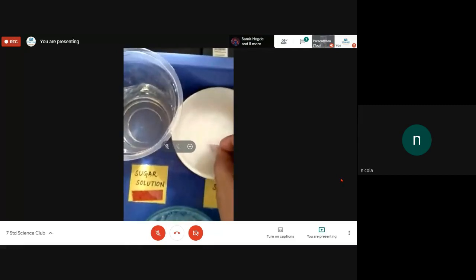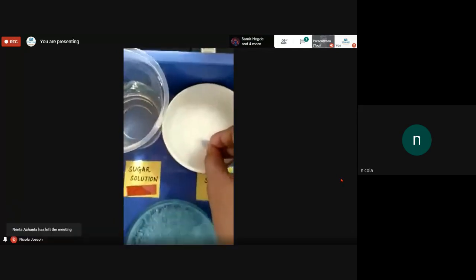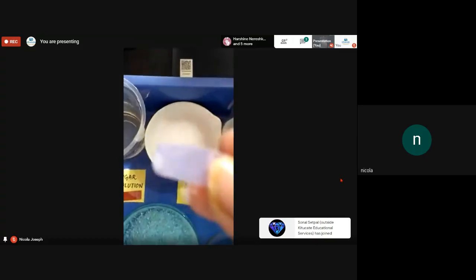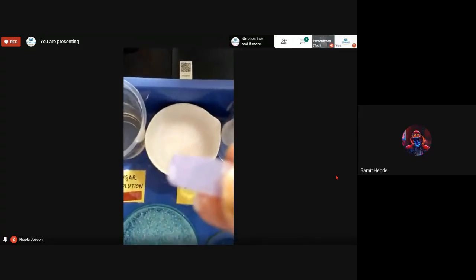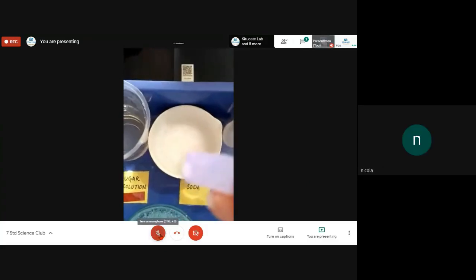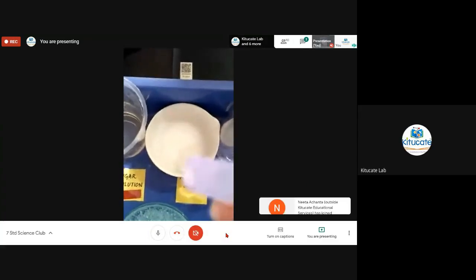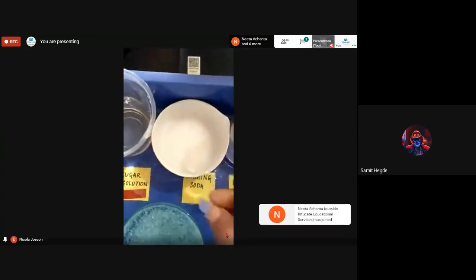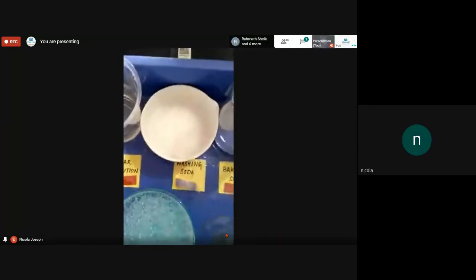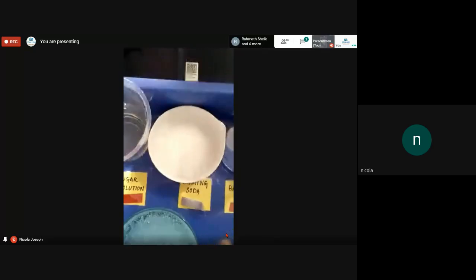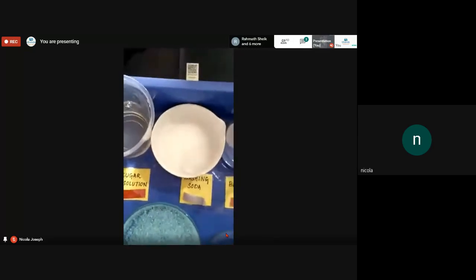So when we put it in washing soda, does it change any color? No, ma'am, it just becomes darker. That's because it is getting wet. So the blue litmus paper does not change color in washing soda.